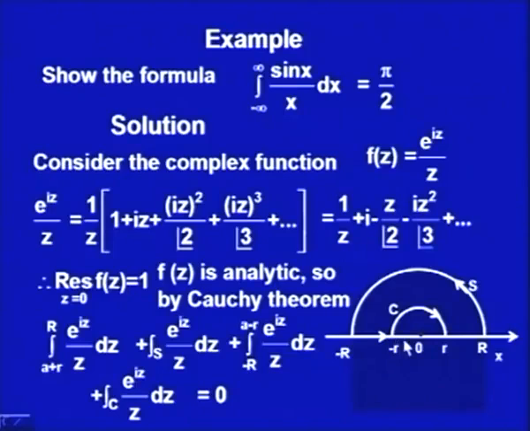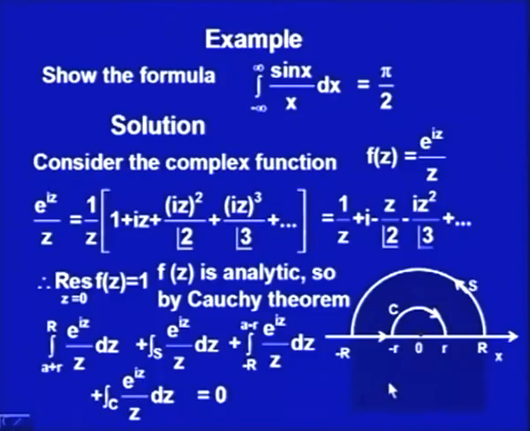In that method we take a smaller neighborhood around that singularity, and using the definition of the improper integral, we take the limit as small r approaches 0.